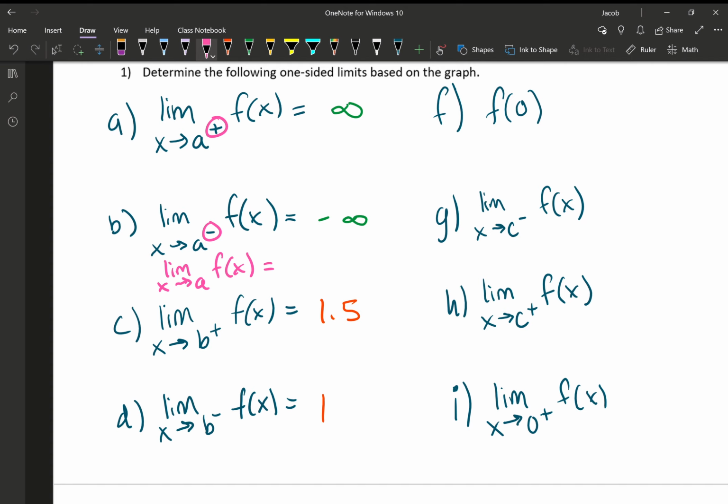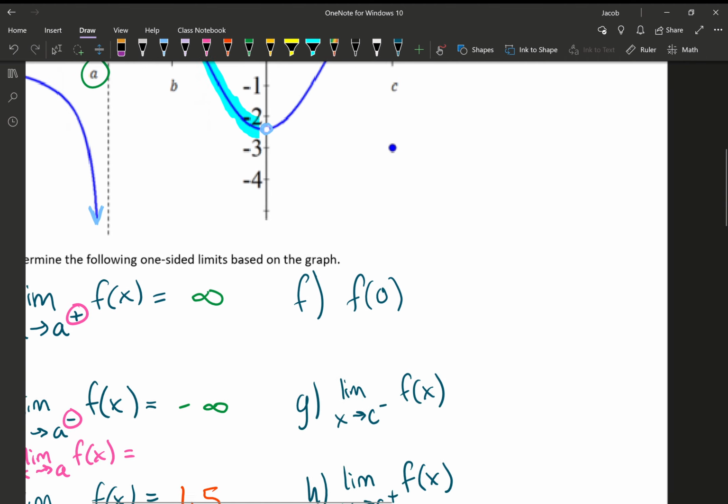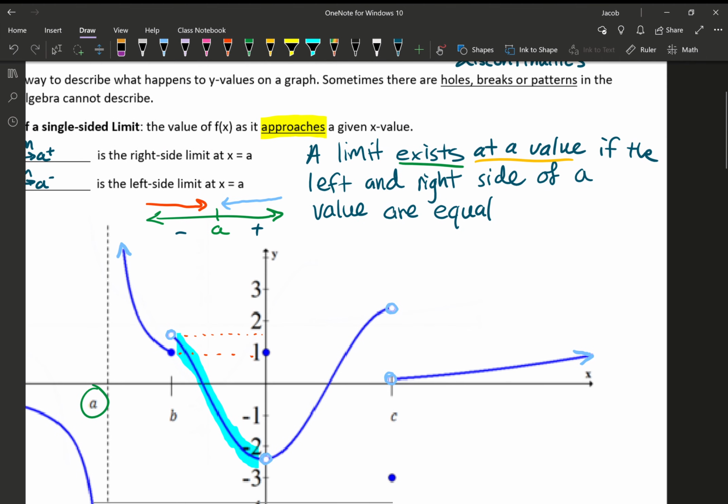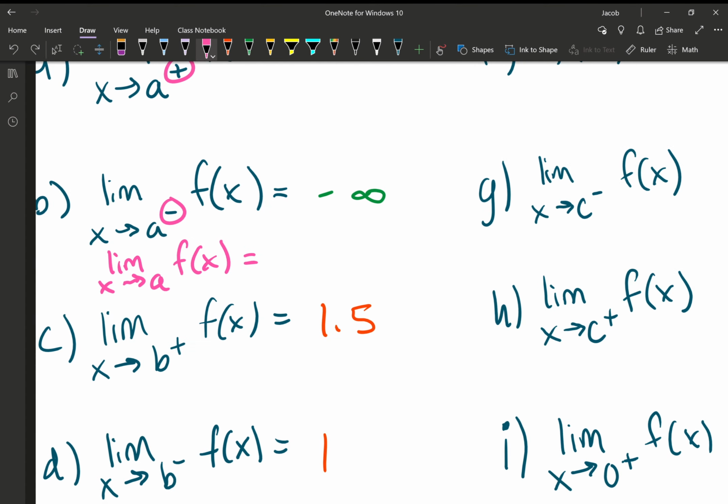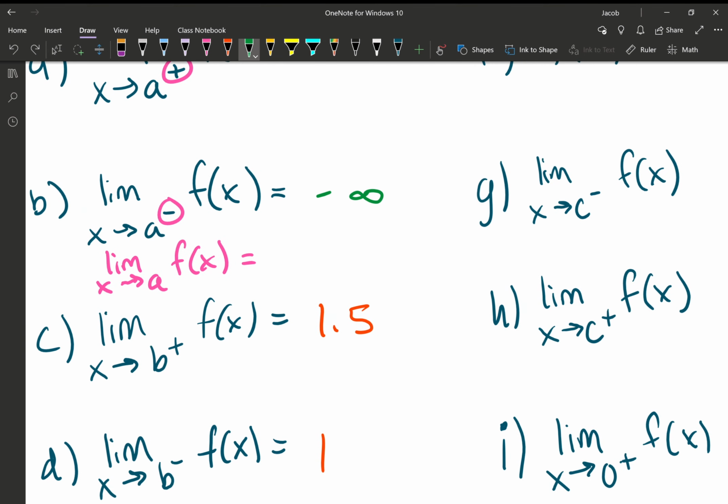Are the left and right sides, are the y values equal? No, they are not. So based on this definition, the limit does not exist because the left and right sides of that value a on our graph are not equal. So in order to indicate that, we would say D in E does not exist.